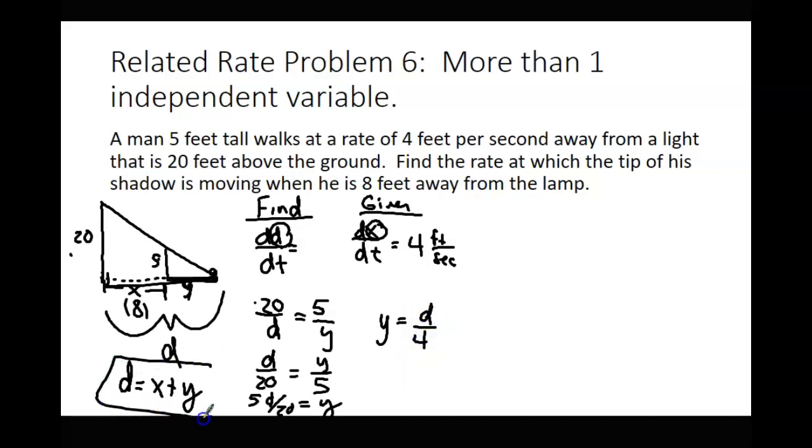So come back over here to this. What am I going to write now for my formula? Do I have a formula now that connects d to x only? You can finish it, I think, at this point.